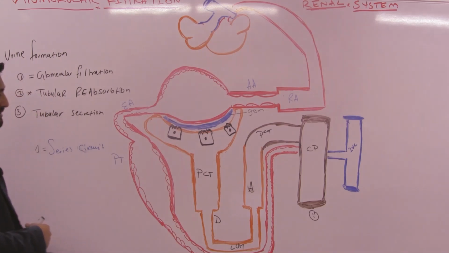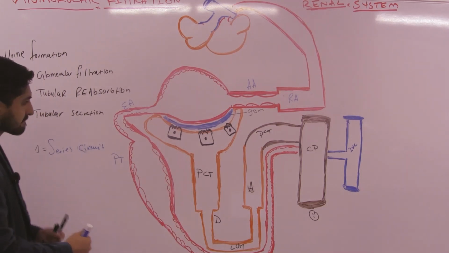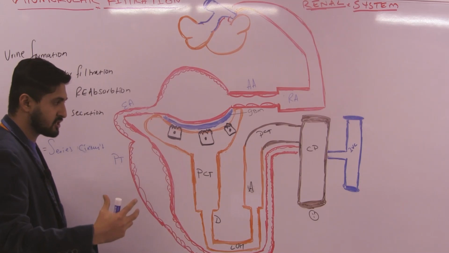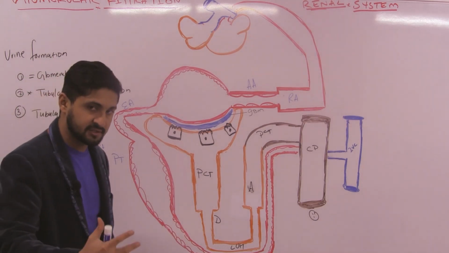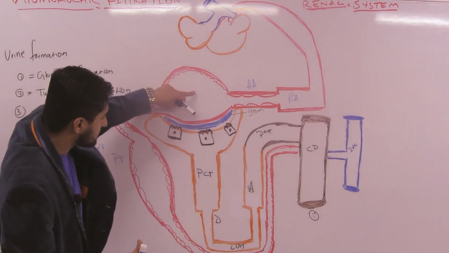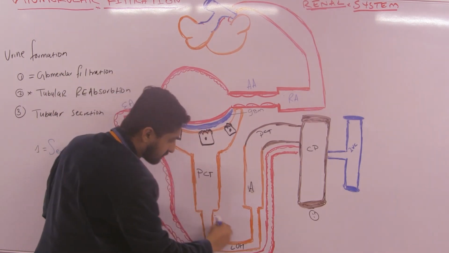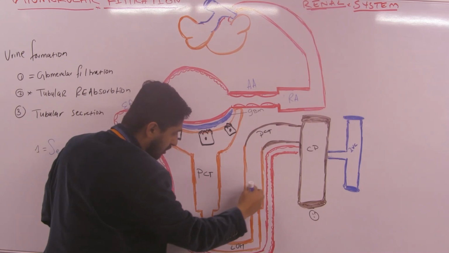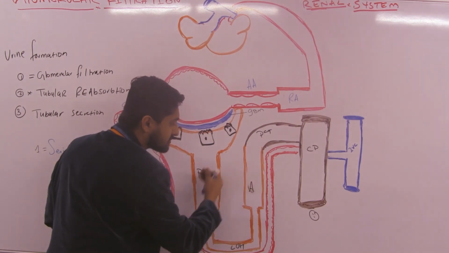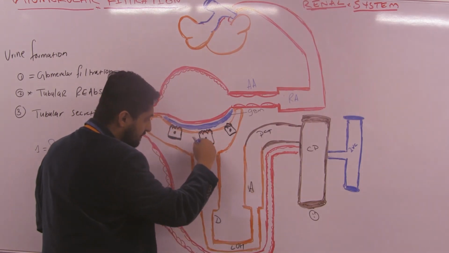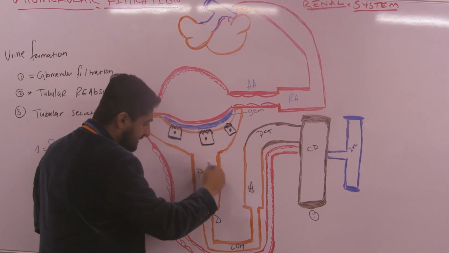Now, after this, as I said, urine formation is a result of 3 different processes. One is the glomerular filtration, whatever is filtering out here and going to Bowman's space. And then from here, proximal convoluted tubule, from all this part, ascending limb, the reabsorption happens. All those substances that got filtered out get reabsorbed.